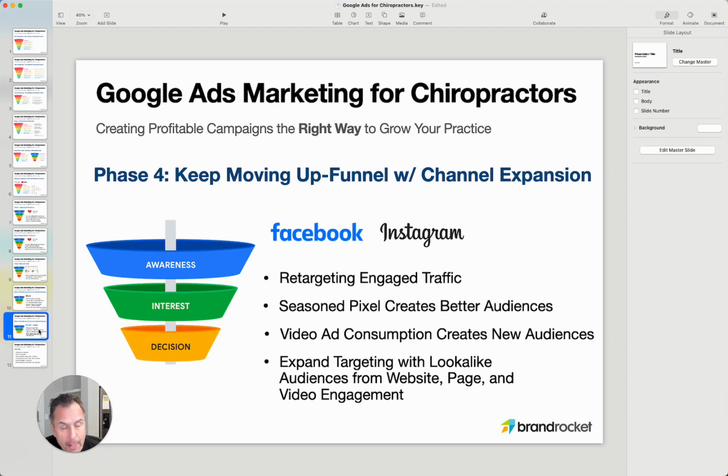And if you got the Meta pixel, the Facebook pixel, Facebook's called Meta now, firing, you're building an audience there, and then all of a sudden, you can use that to create a lookalike audience, and then run that type of ad within Facebook, for example. Again, you got to be careful on Facebook, just like Google, with HIPAA regulations and such, but there's a way to do it, definitely, and that also allows you to scale and grow as you work your way backward through the funnel.